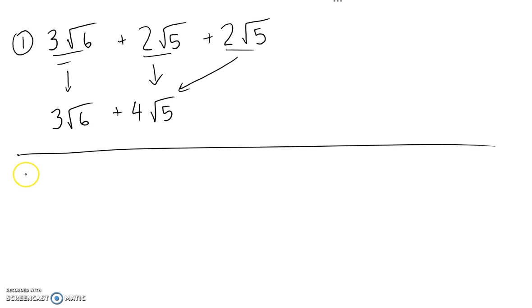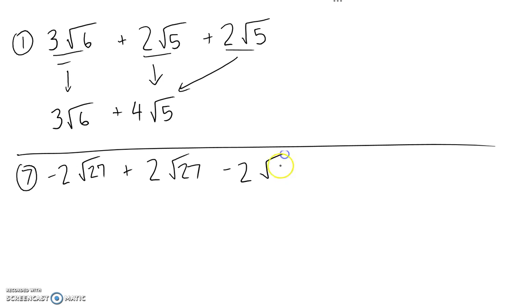Let's take a look at number 7. Negative 2 square root of 27 plus 2 square root of 27 minus 2 square root of 12. Now, combining the two square roots of 27, I can see I've got a negative 2 and a positive 2, so these are just going to cancel out, leaving me just with this.